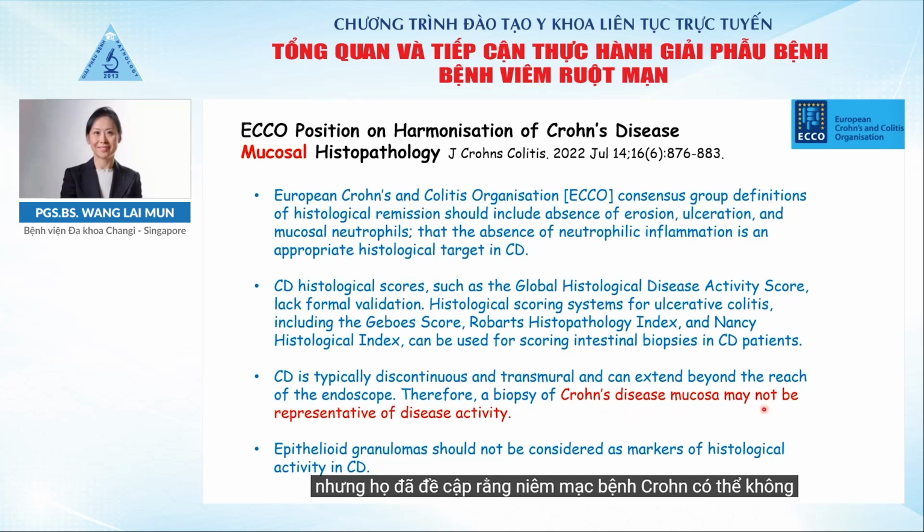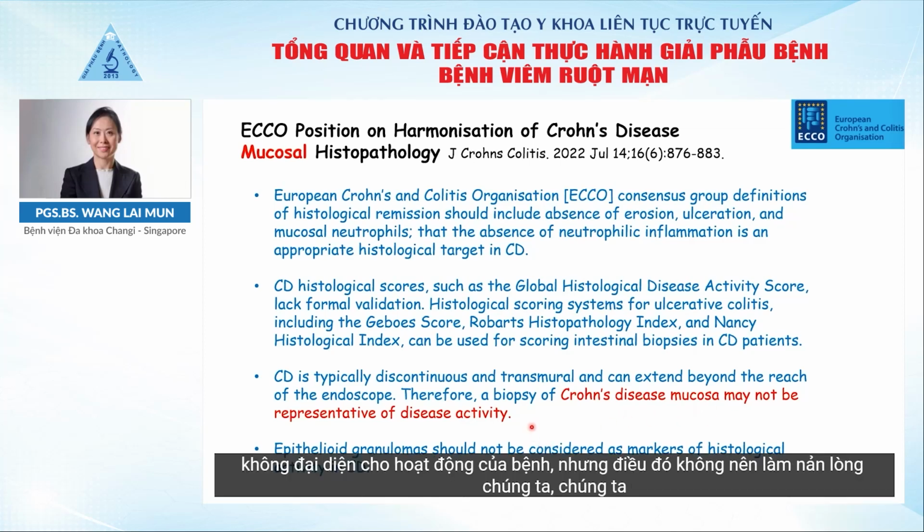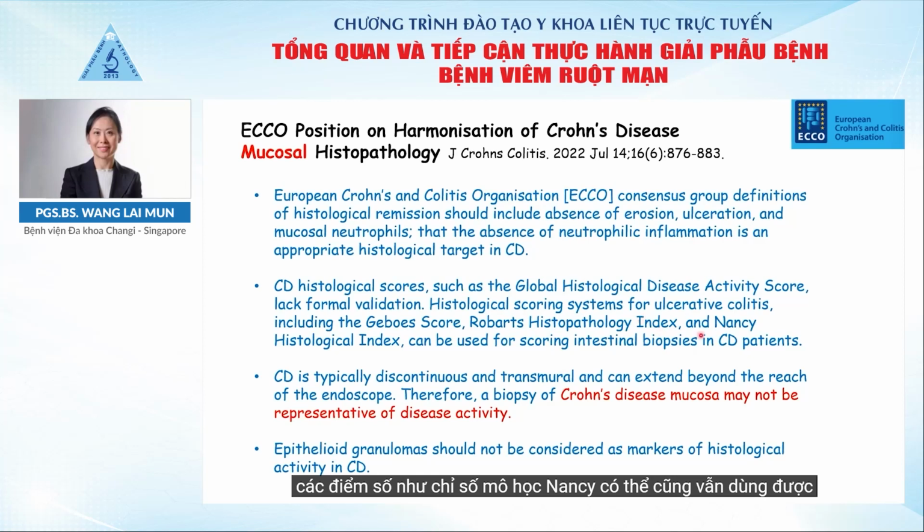But they did mention that Crohn's disease mucosa may not be representative of disease activity, but that shouldn't discourage us. We should still try to give an indication of the severity of activity like mild, moderate, and severe, and scores such as the Nancy histological index can also still be used, okay? And they have confirmed that the presence of epithelioid granuloma should not be considered as a marker of histological activity in Crohn's disease.